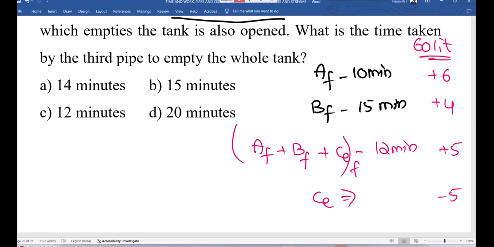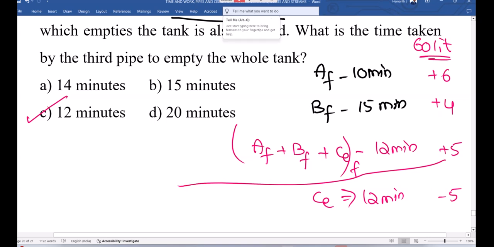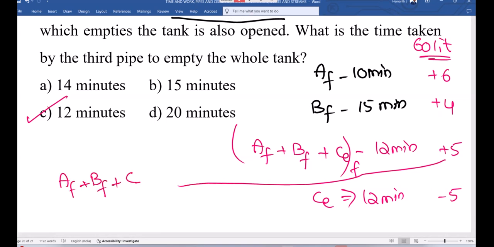Means it will take 12 minutes to empty, 60 divided by 5, 12 minutes. This 5 is nothing but A efficiency plus B efficiency plus C efficiency. A is already 6, B is already 4, C will be minus 5. Minus is correct only because it's removing, so we have to make the efficiency negative.